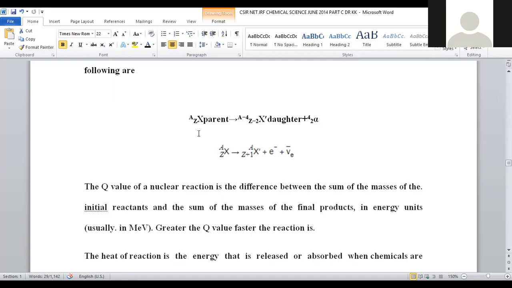With alpha particle emission, the mass number is always reduced by 4 units and the atomic number is reduced by 2 units, because an alpha particle is nothing but a helium nucleus, right? That's the reason the daughter element has a deficiency of 4 in mass number and 2 in atomic number.